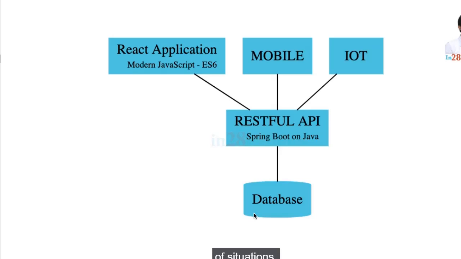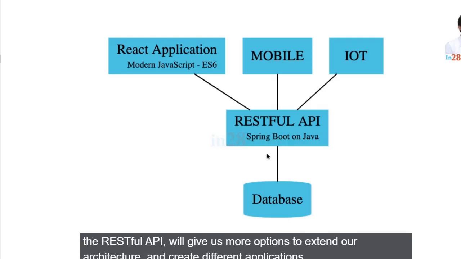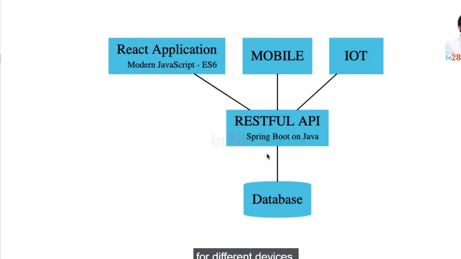In such situations, we can reuse the exposed backend API. The full stack application with a separate backend API, or the RESTful API, will give us more options to extend our architecture and create different applications for different devices.